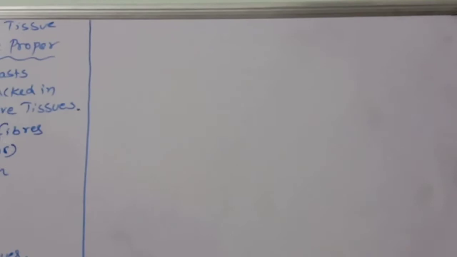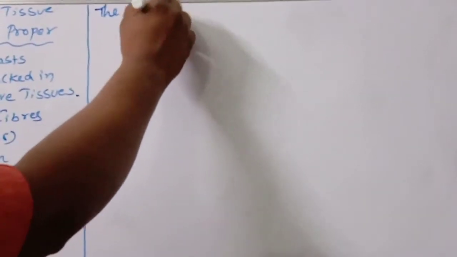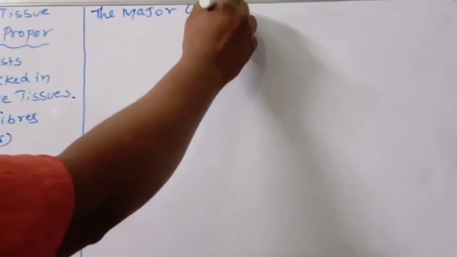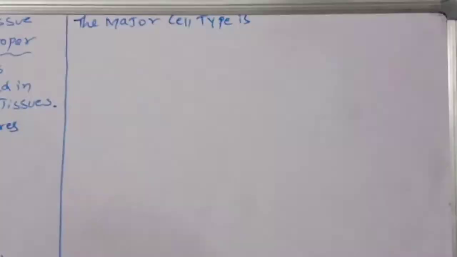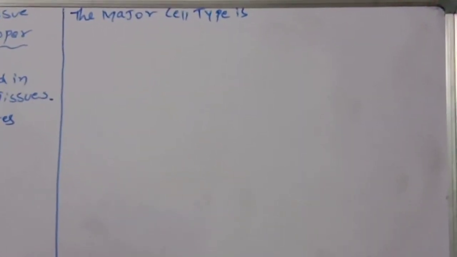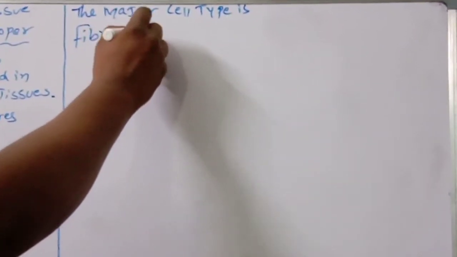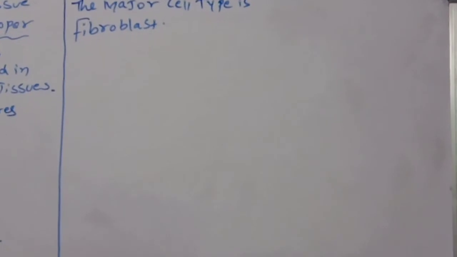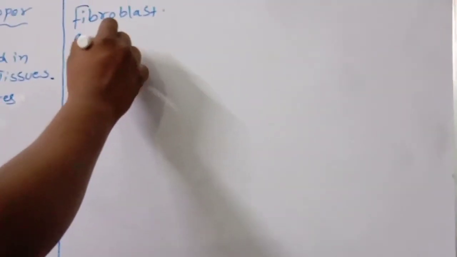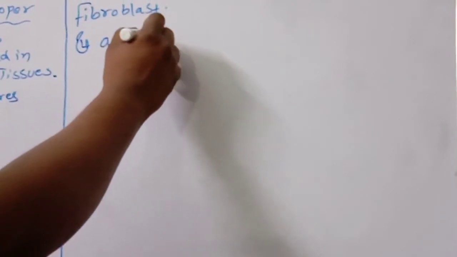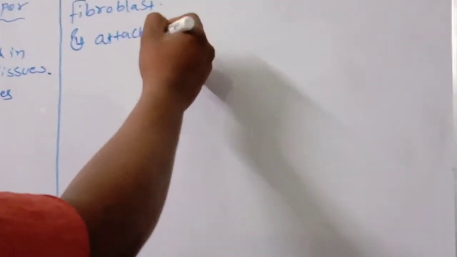Okay, children, very important: the major cell type is fibroblast. It attaches muscles and bones.